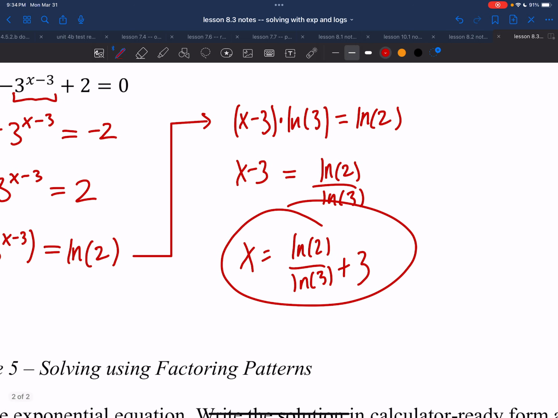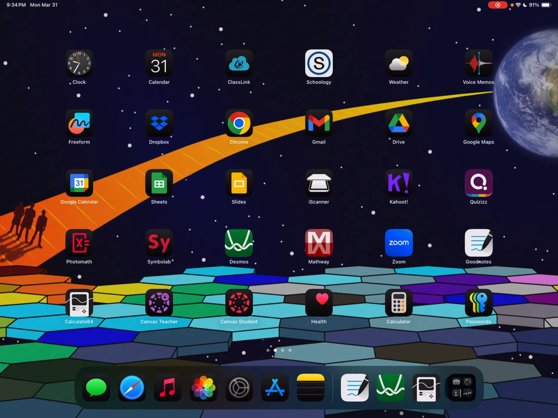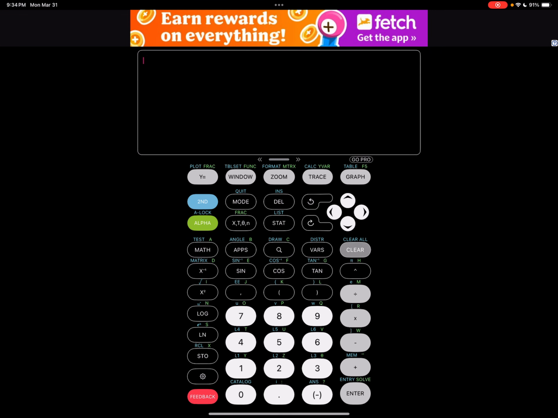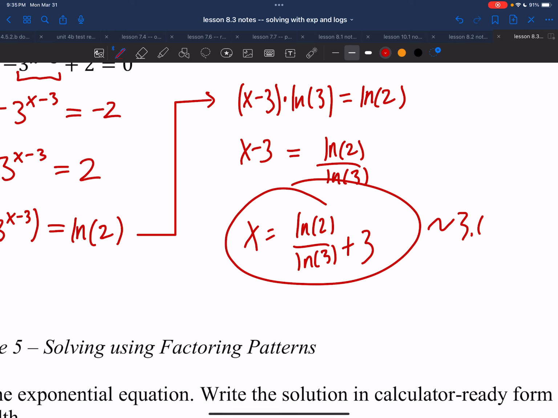Which, as a decimal, right, ln 2 over ln 3, oops, not Desmos. If I say natural log 2 over natural log 3 plus 3, I get 3.63. Okay? And that's our answer. So this is roughly 3.63.